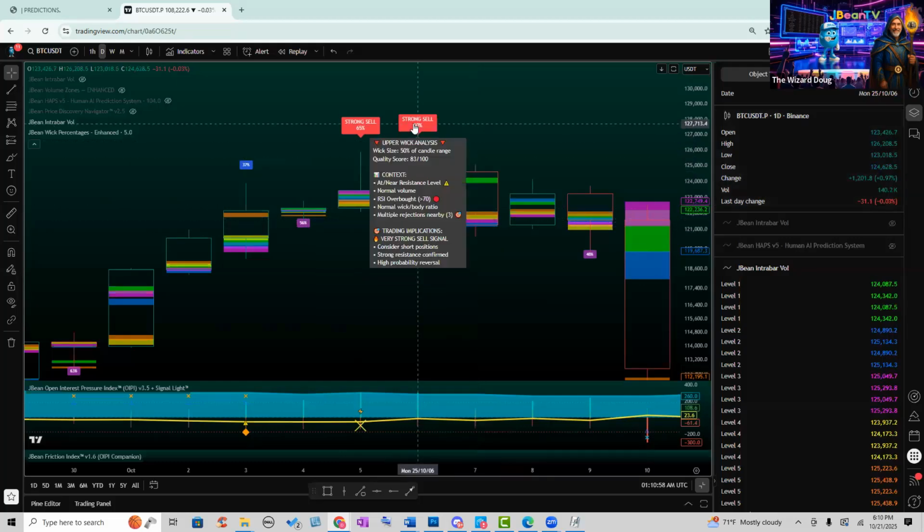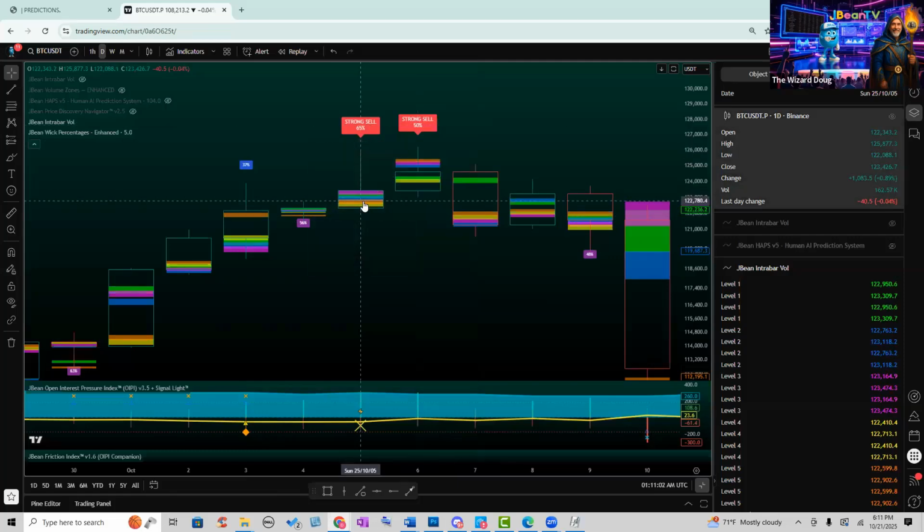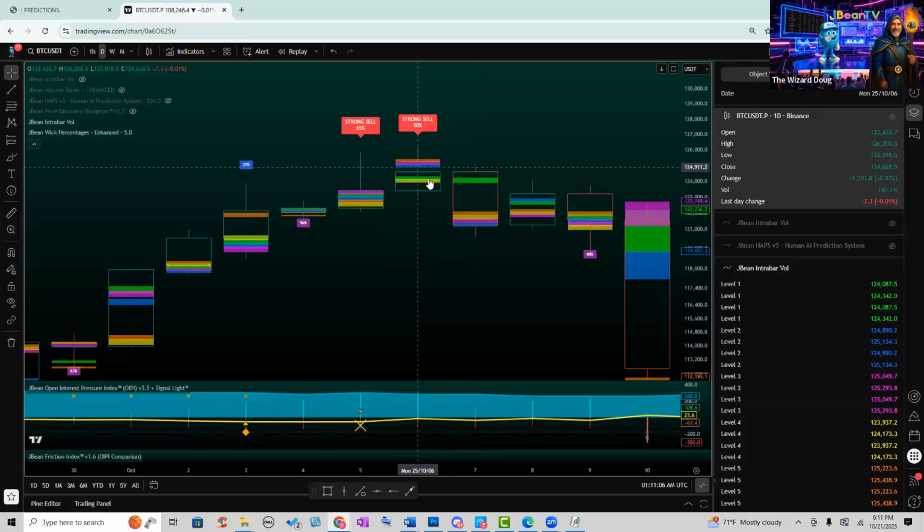Now my indicator's telling me that. It told me that here, but the volume wasn't right. It told me that here, and the volume is looking better, has a little bit of high volume to get through, but it has this really barrier here also. You look, my high went right to it. Okay, I got a strong sell. My wick high went right to the volume, and the market came down.